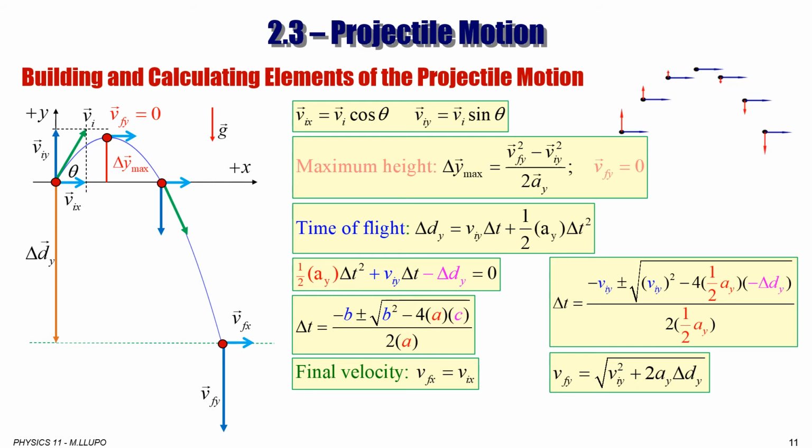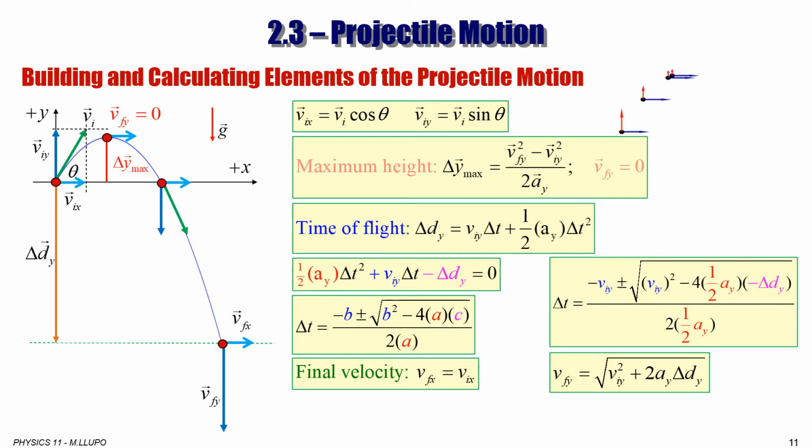Make sure the signs are very important. Negative sign for ay and negative sign for delta y, which makes that positive, and positive sign for v initial y. So you can follow the signs: v initial y positive, delta y negative, and g negative.